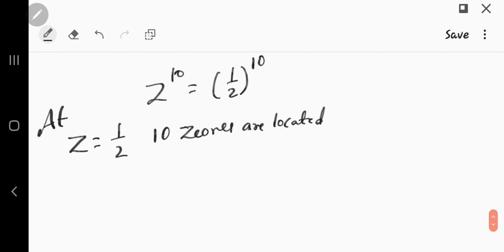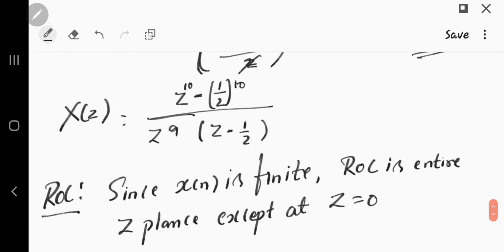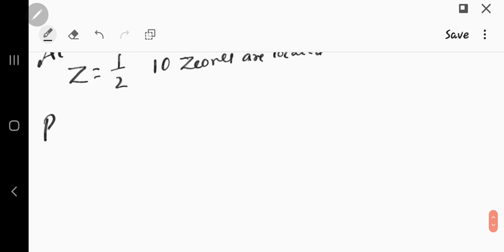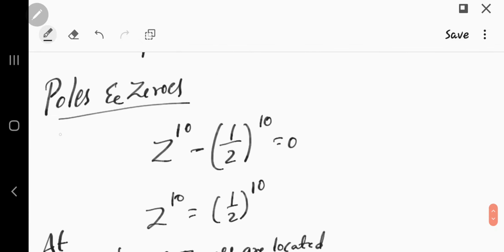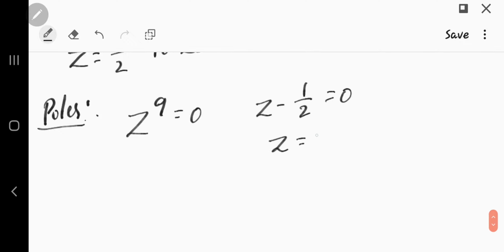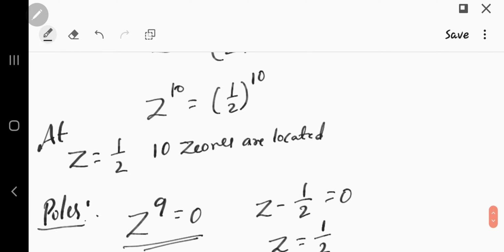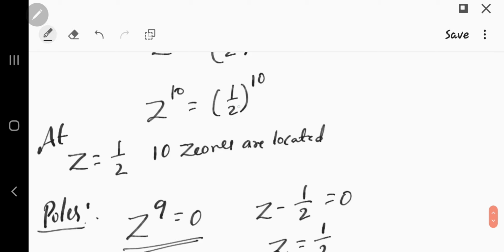Now coming to the denominator, z to the power of 9 is there, that is the poles. Here the first one is zeros. So coming to the poles, z to the power of 9 is equal to 0, z minus 1 by 2 is equal to 0. So z is equal to 1 by 2. So remember, this case and this case is different. If z to the power of 10 is equal to 1 by 2 only, that means at 1 by 2 we have 10 zeros.